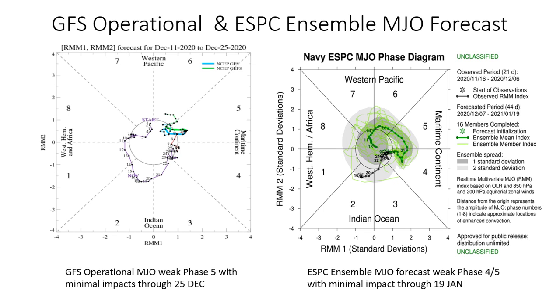Turning now to the Navy ESPC MJO phase forecast. This forecast runs out through the 19th of January 2021. You'll see a solid green line. You'll notice again that the MJO is forecast to be in a weak phase 4 or 5, eventually to phase 6, very weak, and then rotate right back into the center of the inner circle to become more null or minimal impact.